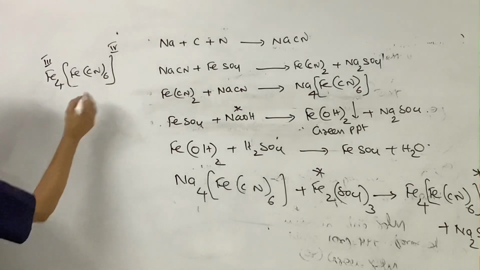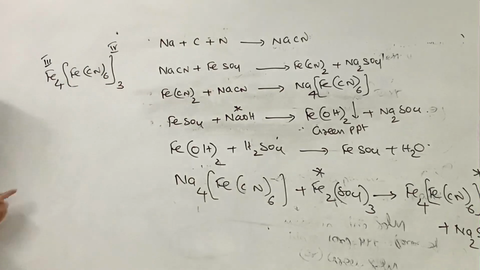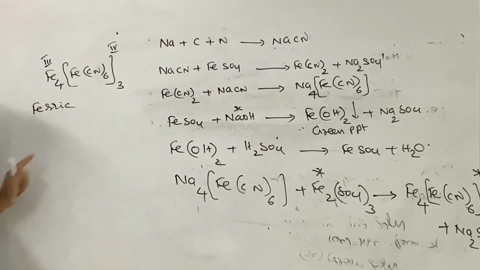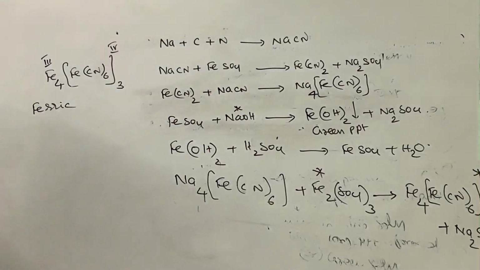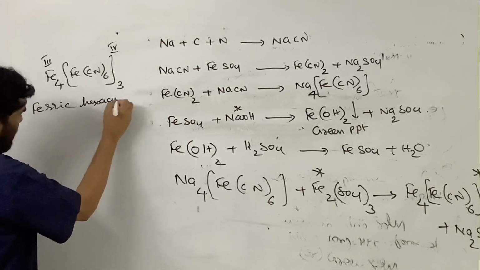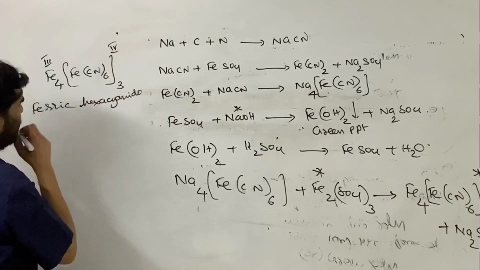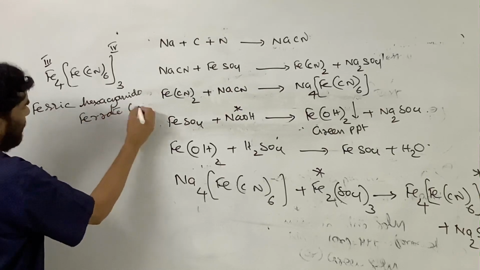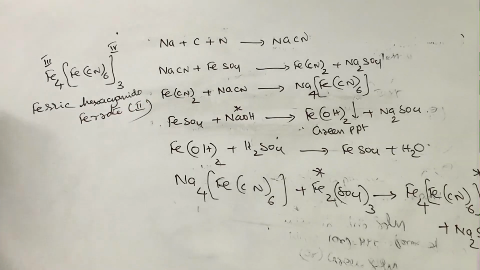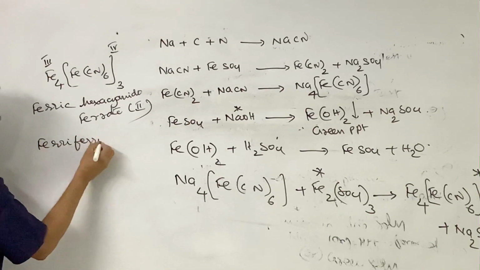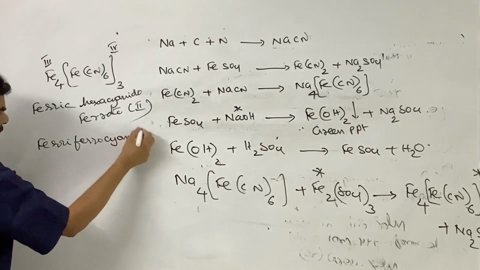Therefore the crisscross gives 3 and 4. This is nothing but the ferric iron 3; the counter ion is the ferric ion, outside the coordination sphere, and inside is the hexacyanidoferrate(II). So ferric ferrocyanide is formed.